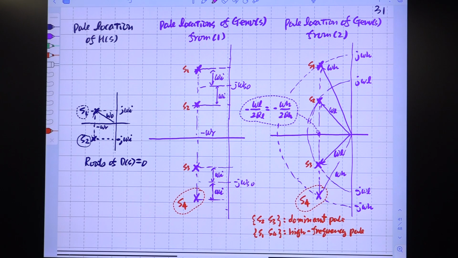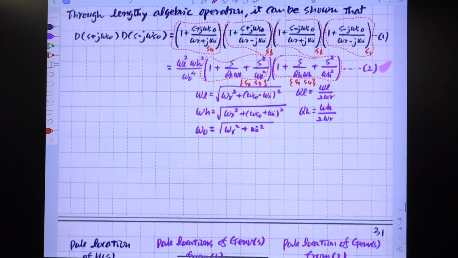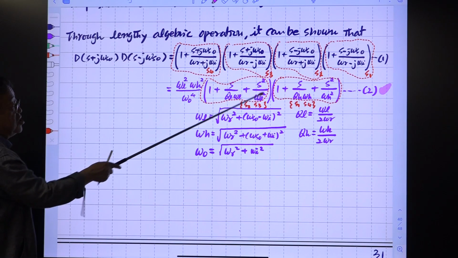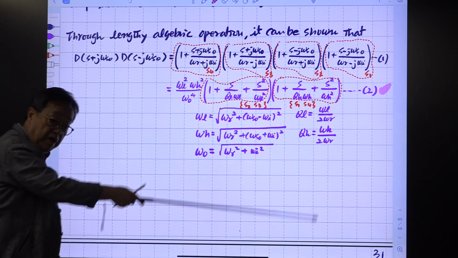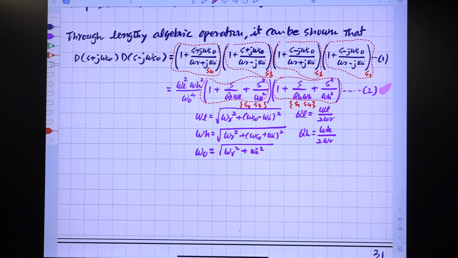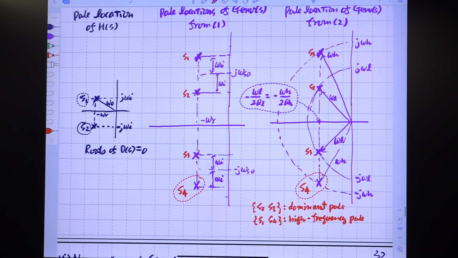With that information, from this one, it's not easy to. From this one generates 2 poles. This one generates 2 poles, okay, double poles in complex conjugate format. So with this equation number 2, we have this representation.